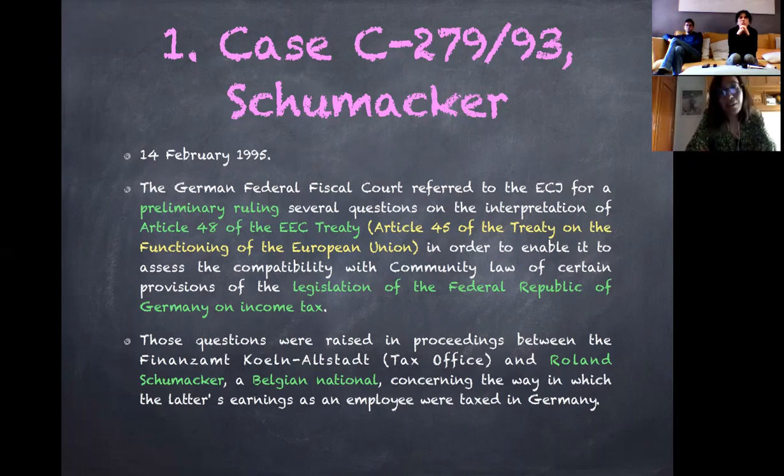The main actors of this problem were a German tax office and a Belgian national called Roland Schumacher. And the problem was the way in which Schumacher's income was treated, or was taxed, in Germany.